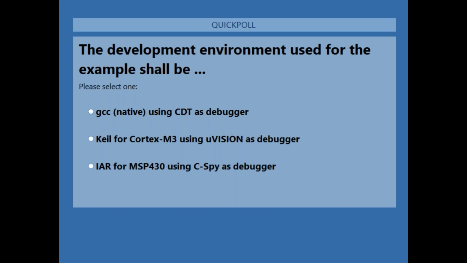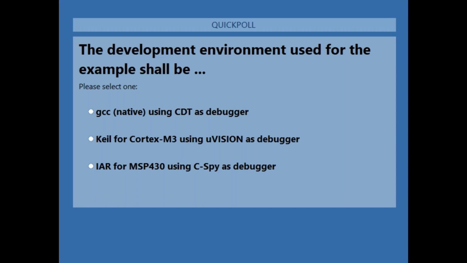And the third possibility is using an IAR compiler for MSP430, using the C-SPY debugger, which is included in the Embedded Workbench from IAR. Tessy supports a lot more cross compilers. You can find a list on our website.